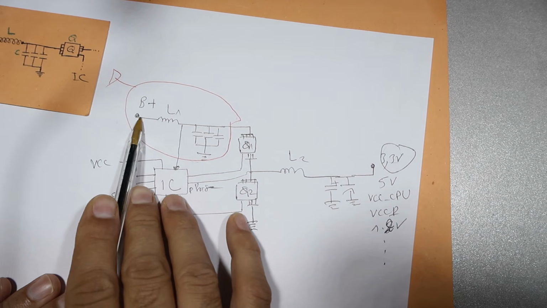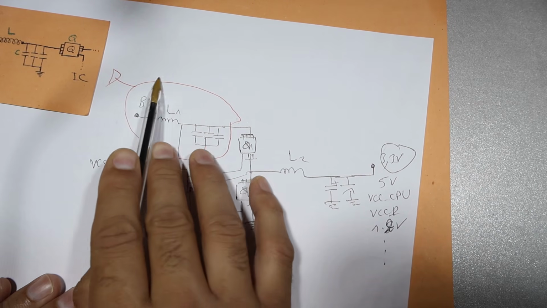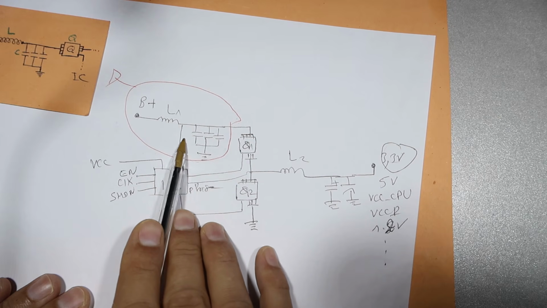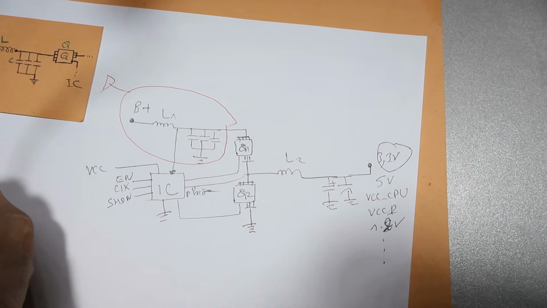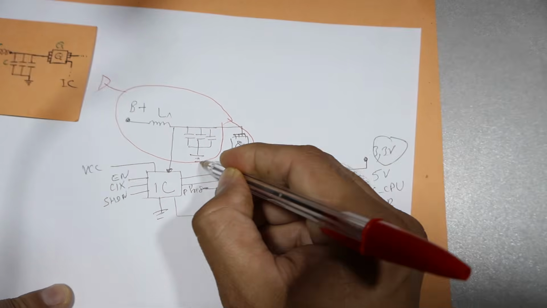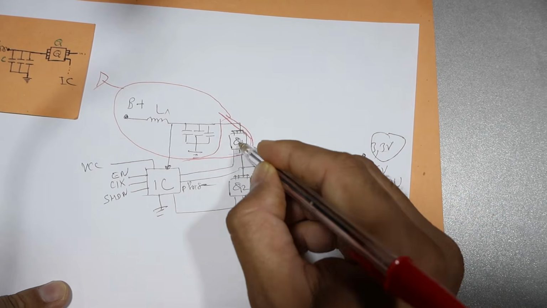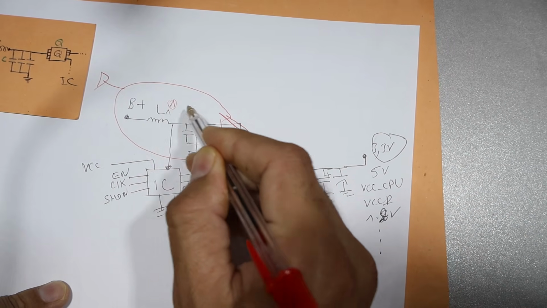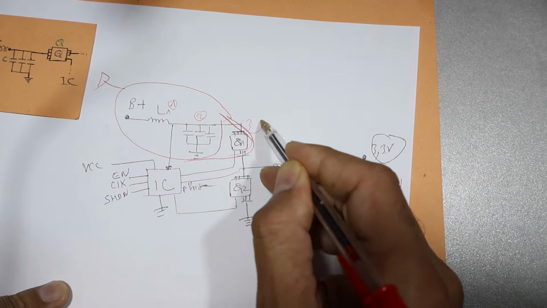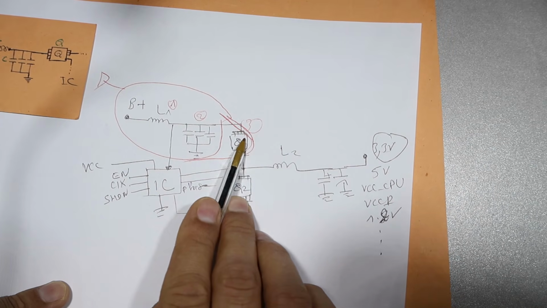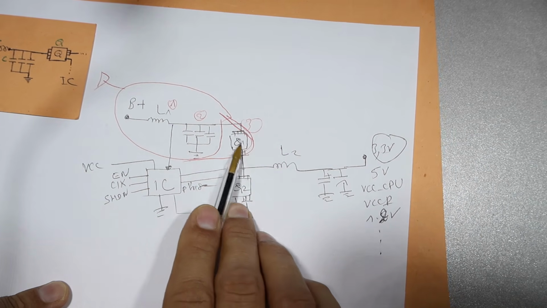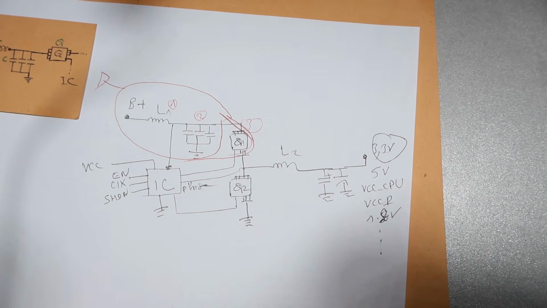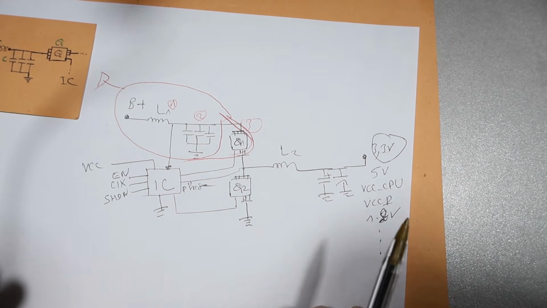So that's why you have to master this part: coil, capacitors, and basically also the higher MOSFET is part of it. So we have 3 components: coil, capacitors, higher MOSFETs. This is common in all circuits.